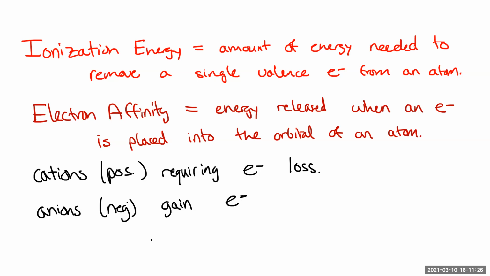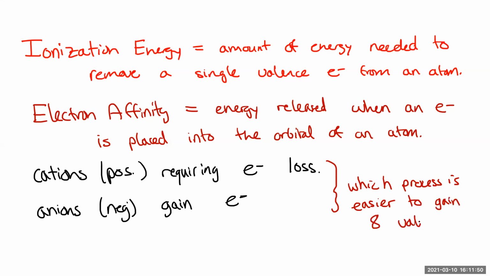Okay, so why would one atom choose to gain an electron versus lose an electron? That has to do with essentially which process is easier to gain 8 valence electrons.